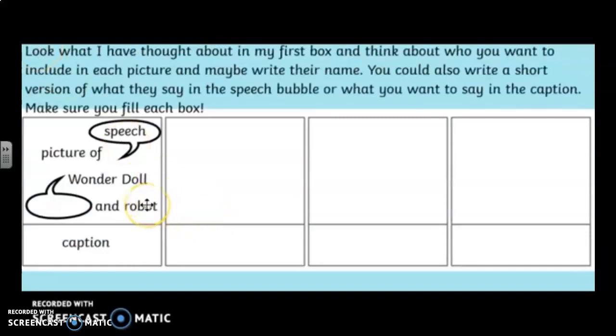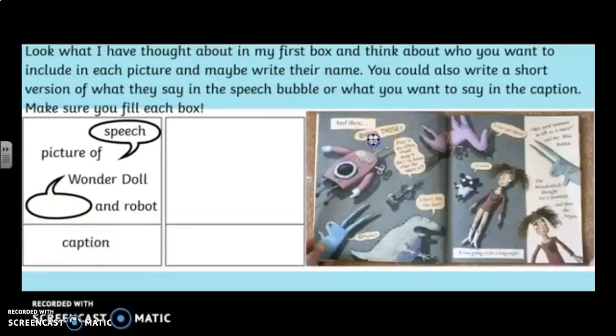So in my first box, I'm going to have a picture of Wonder Doll and the robot. And I know I'm going to have two parts of speech, one from the Wonder Doll and one from the robot. And in this bottom box, I'm going to have my caption. Okay, so I'm going to have a little bit of writing that's telling the story. Okay, so I've just put my picture here to help.